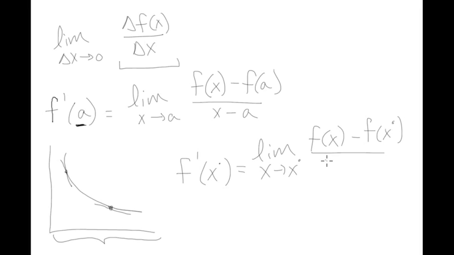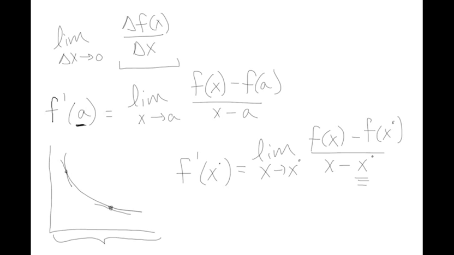But what this lets us do is think about it in generic terms that could apply to any point x. And for most of the functions you're likely to see in your classes, you're going to be able to come up with a full functional form, a full equation that will tell you the derivative not just at one point, but the derivative of the function at every point in the domain of the original function.